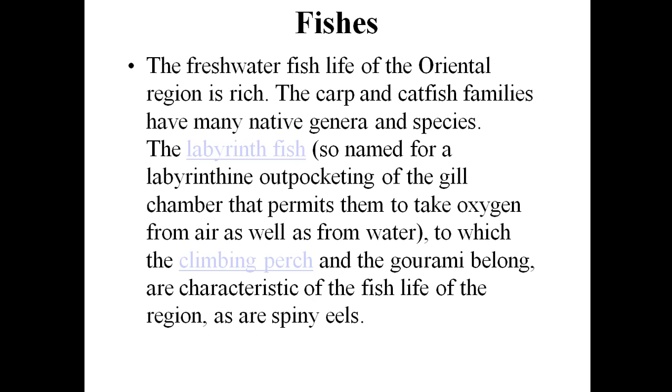Our oriental region is very rich in freshwater fish life also. The carps and catfishes. One particular fish, the labyrinth fish, is so named for the very intricate outpocketing of its gill chambers that permits them to take oxygen from air as well as from water.